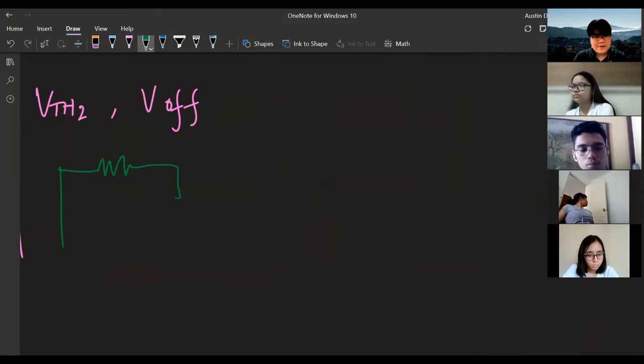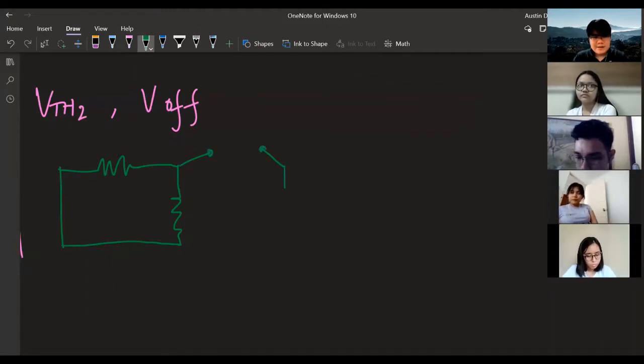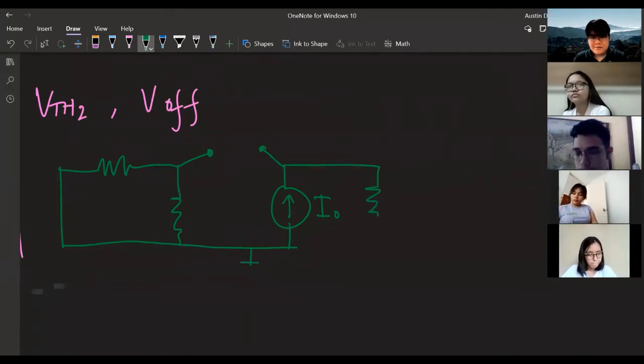Tapos resistor. Resistor. This is like that. Like that. I not. And nakalimutan ko. Hanggang dito. Okay. R1, R2, R3.